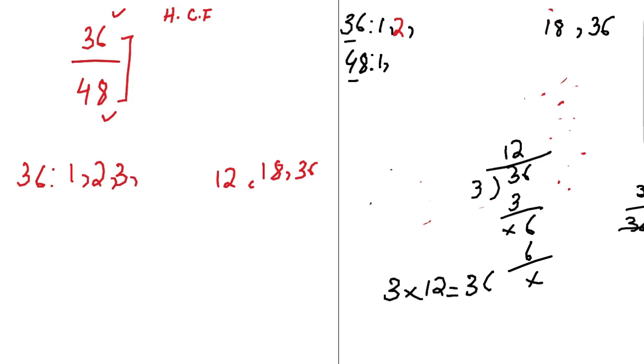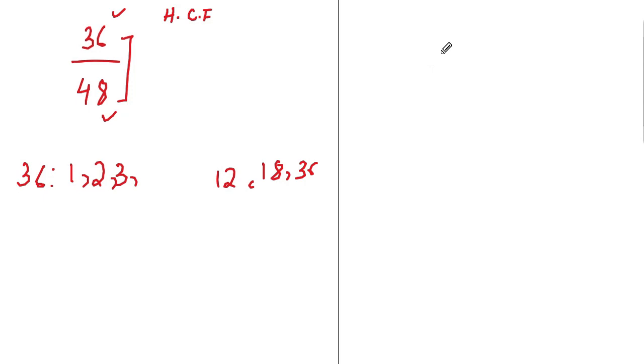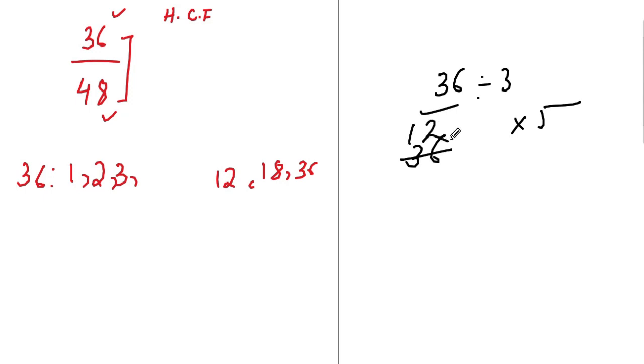Now I'm going to teach you one other method of dividing. If, for example, I need to divide 36 by 3, what is a direct way of dividing it without using the bus stop method? I will take my 3 here. 3 times 1 is 3 and 3 times 2 is 6.